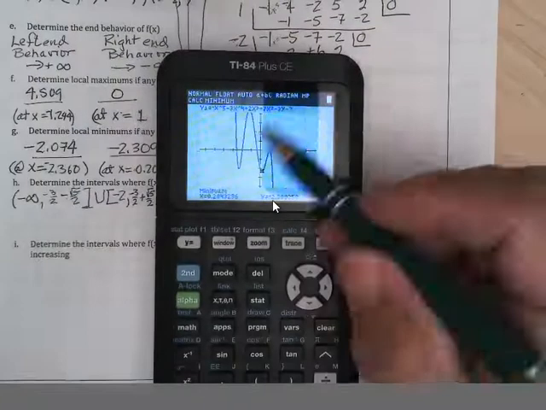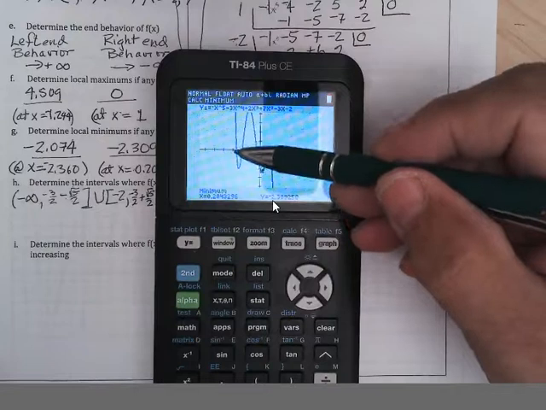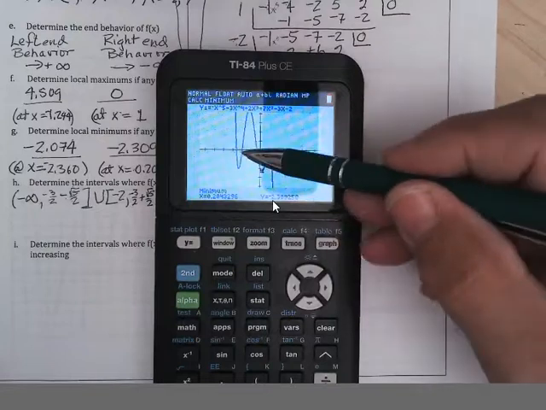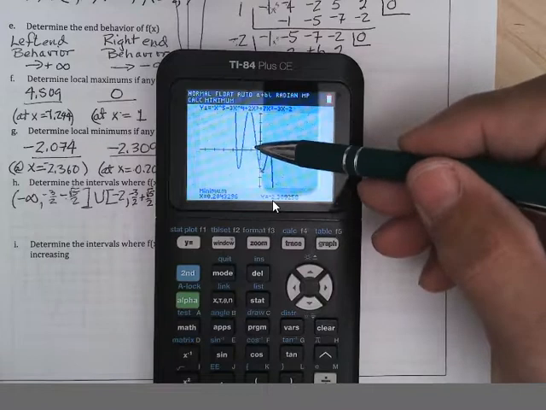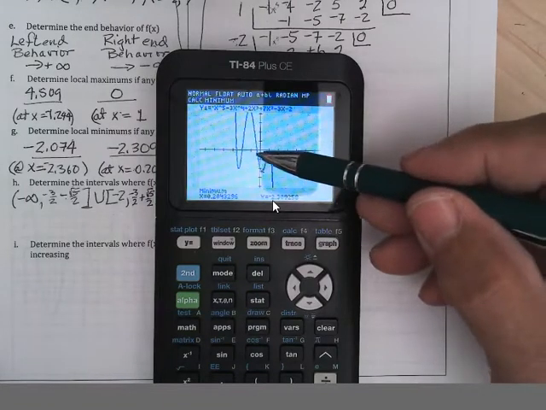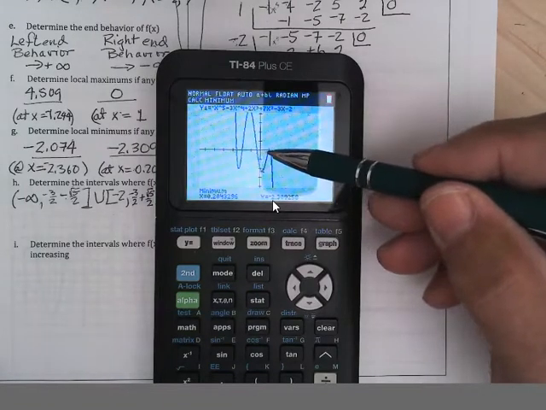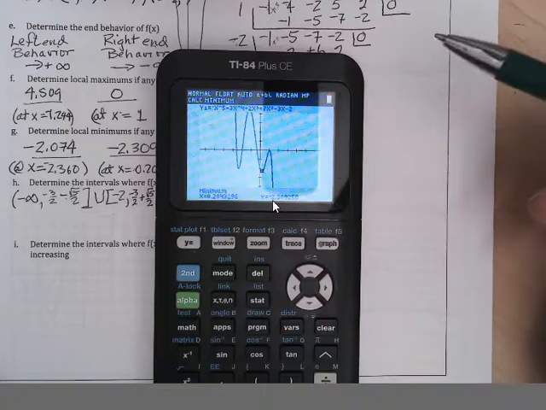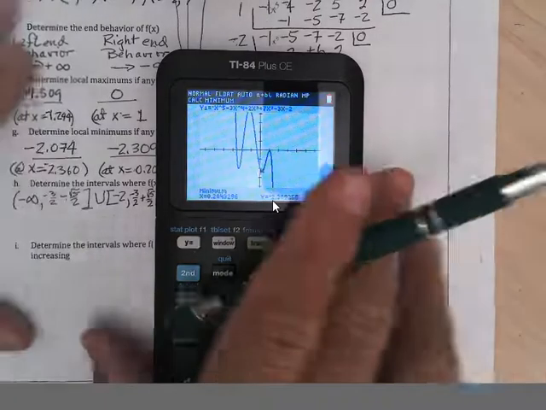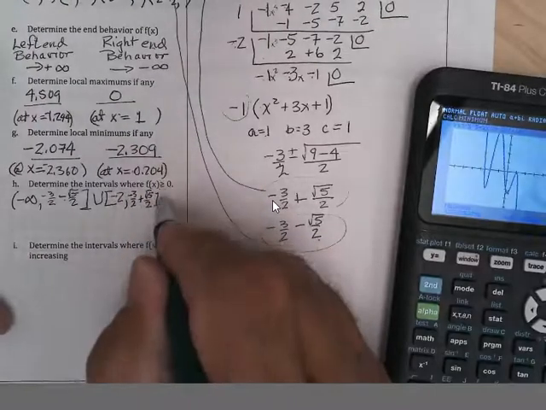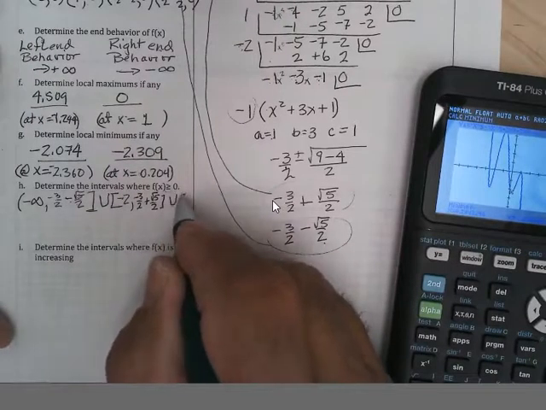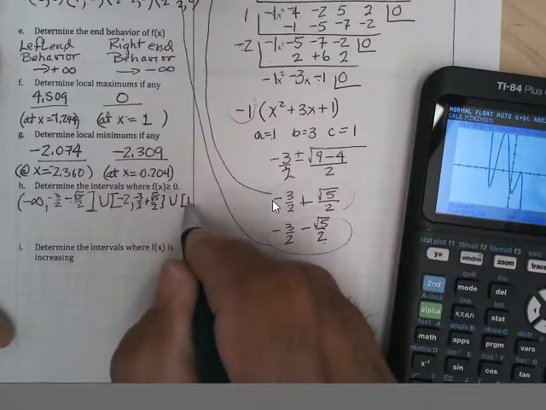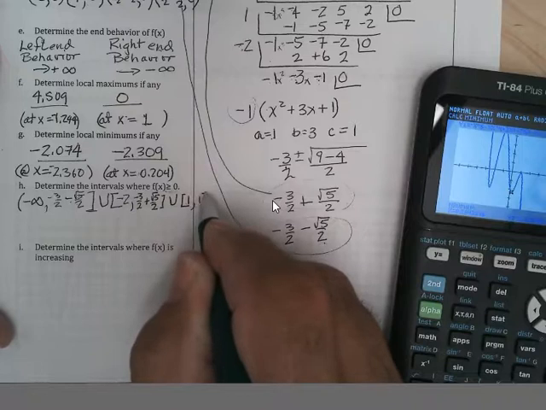So it was above 0 here for all these x's, then it wasn't for those x's, then for these x's it is greater than 0. For these x's it's not greater than or equal to 0. And here it is equal to 0 only at that point. So if we're going to do interval notation, we would say from 1 to 1.